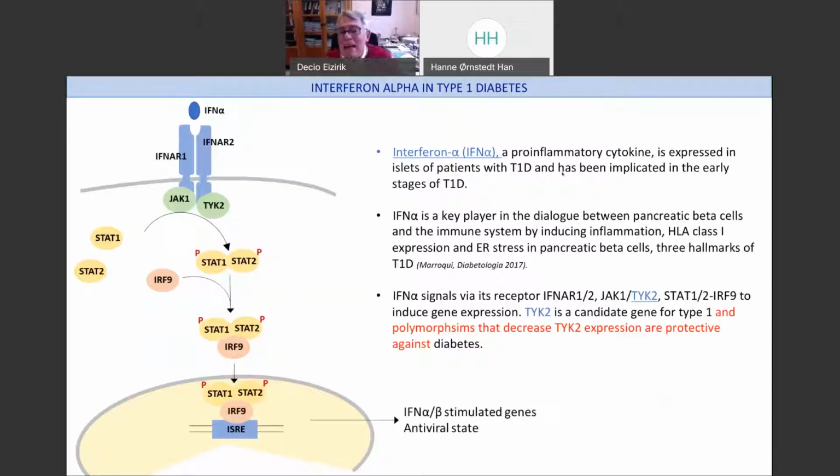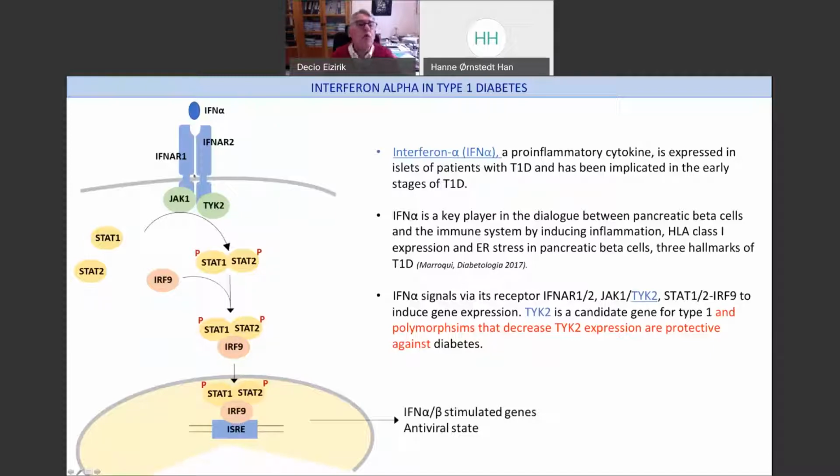And interferon is also a key player in the dialogue between pancreatic beta cells and the immune system. Its role is via induction of inflammation, HLA class 1 expression, and endoplasmic reticulum stress. And these three are hallmarks of beta cells in type 1.